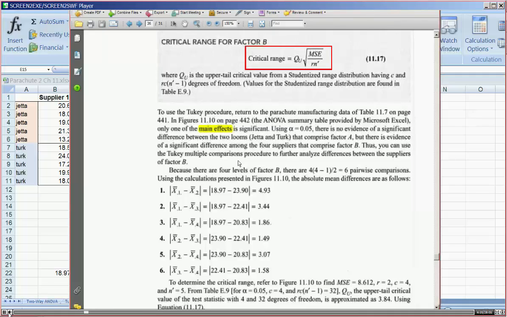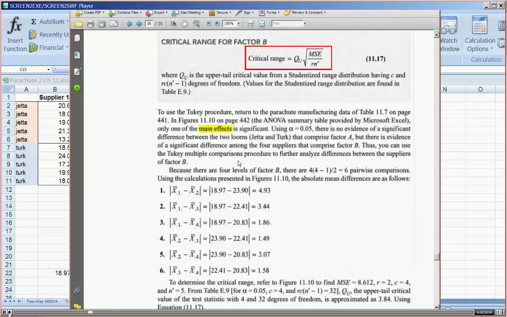That was the supplier. Using 0.05 significance level, there is no evidence of a significant difference between the 2 looms, so we're going to exclude factor A, the factor that comprises the looms.